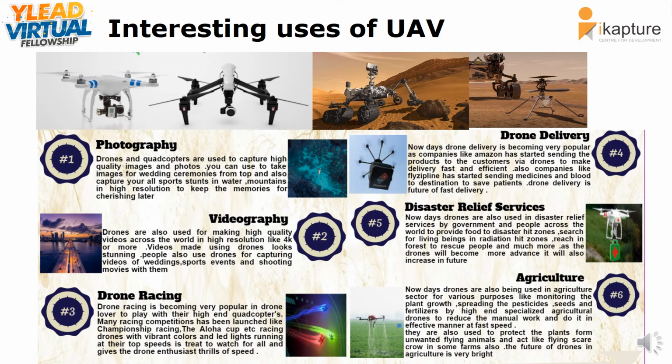They can be used for spraying your farmland, spraying fertilizers and pesticides, and they're used to protect the plants from unwanted flying animals. There's a drone that looks more like a bird, so it chases other birds from coming close to the farm or to the airport. So these are like future uses of drones, and there are still more future uses, and you could get a career in this field.